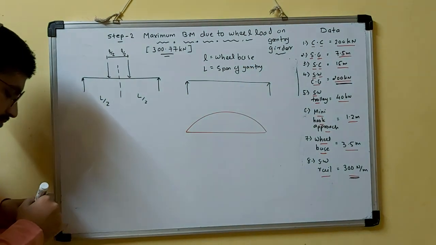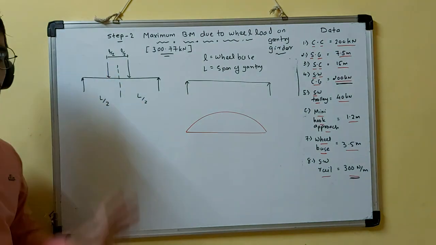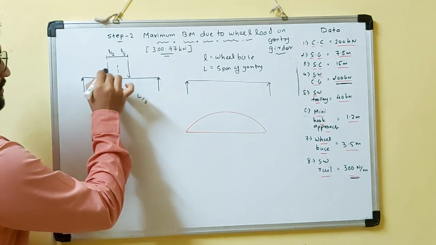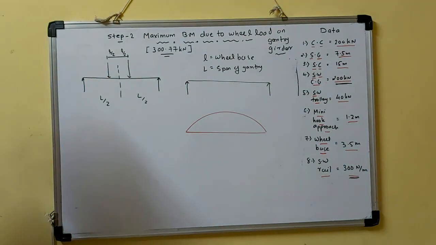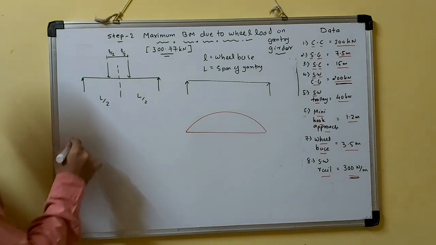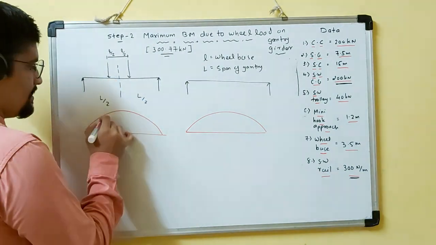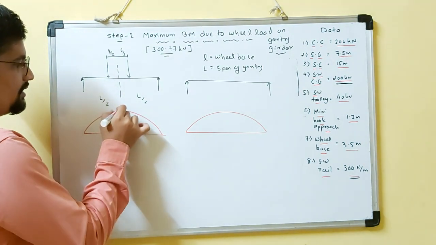Means we have placed the load symmetrically. Okay, half the wheelbase will be here, half will be here. So the bending moment diagram will be like this, and this will be this point, this will be this point, and this will be the maximum point.